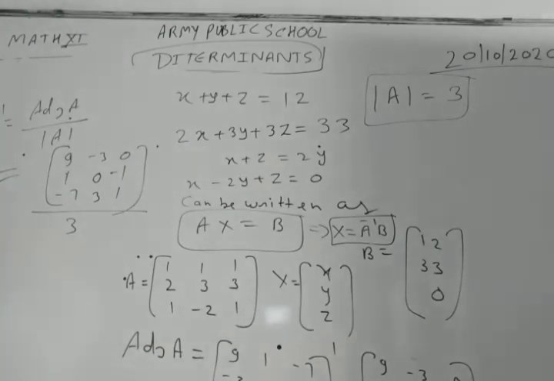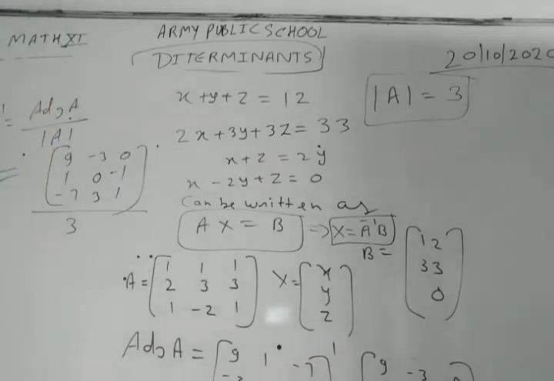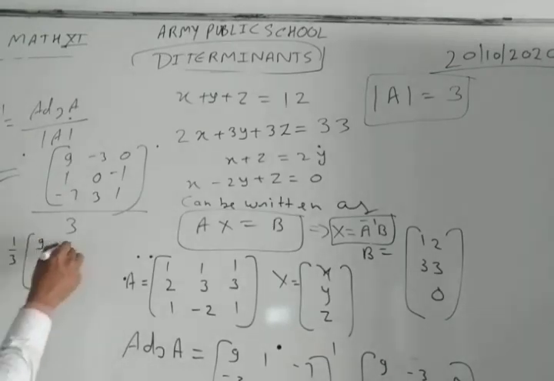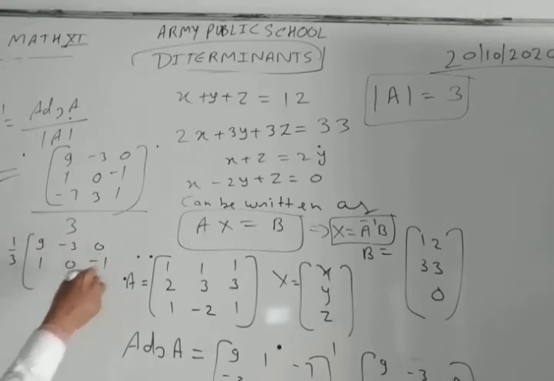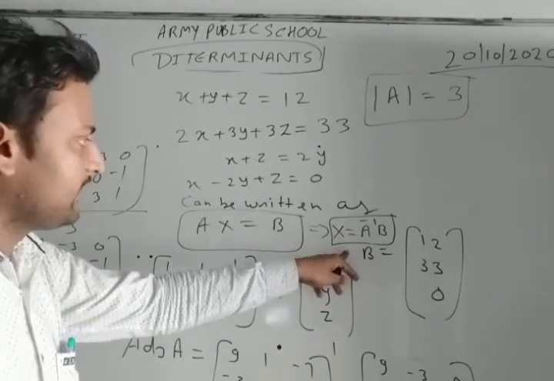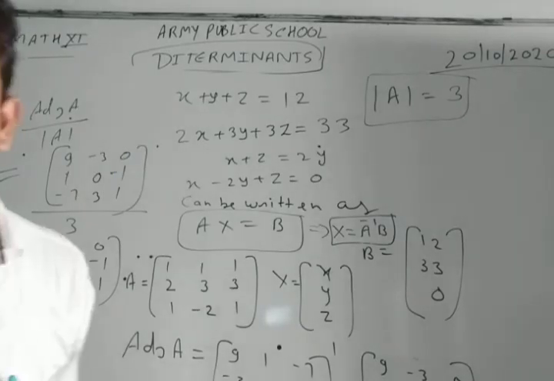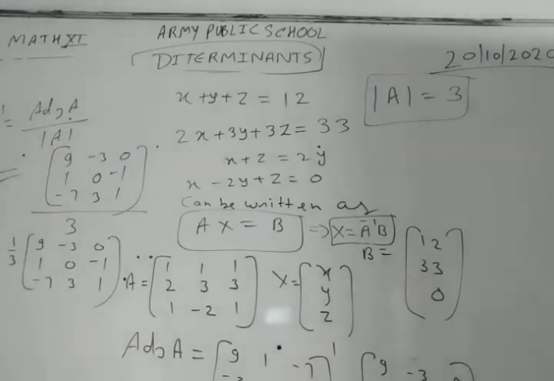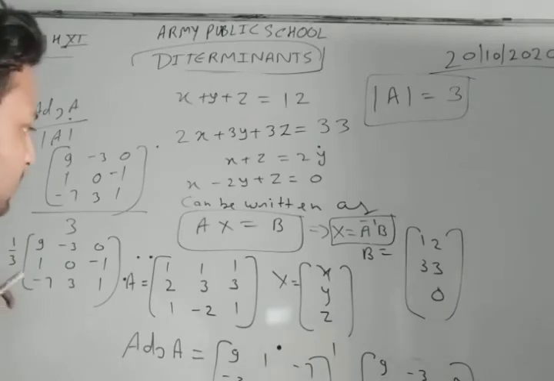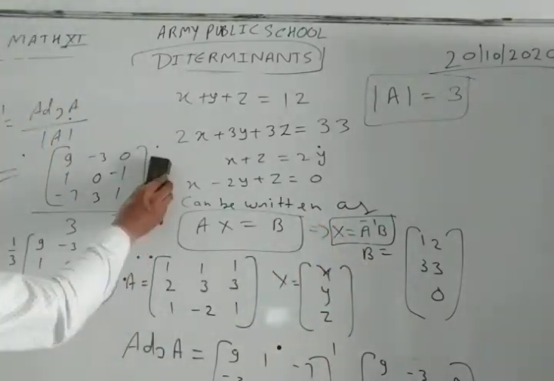So our A inverse will be 1 by 3 times 9 minus 3 0, 1 0 minus 1, minus 7 3 1. Now we equate x is equal to A inverse B. So we put A inverse and B in this equation.